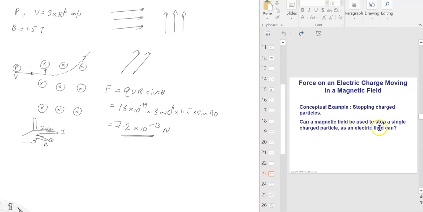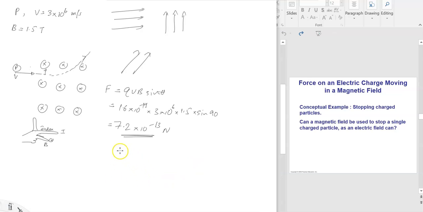Can a magnetic field be used to stop a single charged particle, as an electric field can? Something like this. Remember, positive and negative plates create an electric field like this. If you take a proton here and shoot it this way against the field, we know the proton is being pulled to the negative side and pushed away by the positive side.